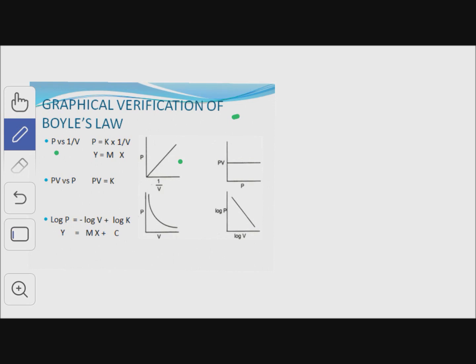In this, we can write P is equal to K into 1 by V, which is equation number 1. Here, y is equal to mx. This is a straight line equation.